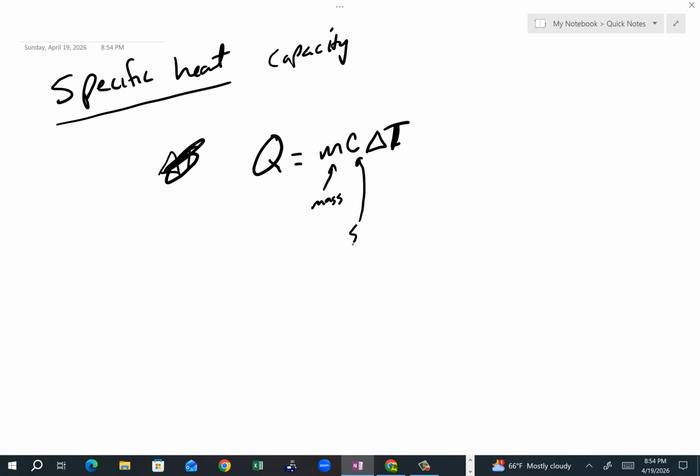This is the specific heat of the stuff in question. And this is the change in temp. Okay, those are the specific pieces that we're going to be discussing, and that's what I want to focus on with you tonight.